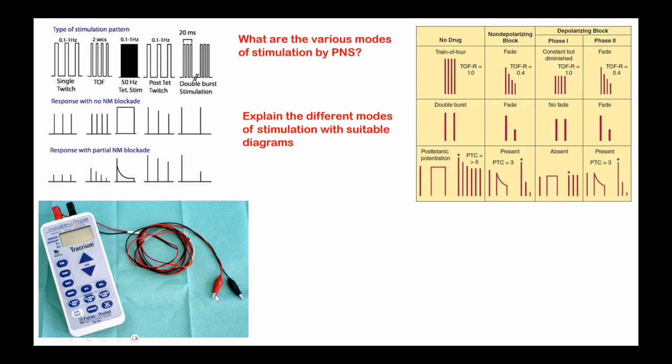Any particular name for the tip of these electrode leads? How do you apply them? How do you attach it to the electrodes or the discs that you use for monitoring the neuromuscular blockade?